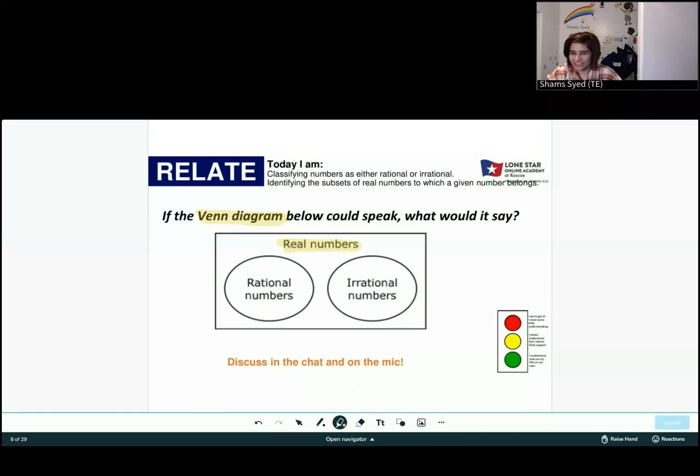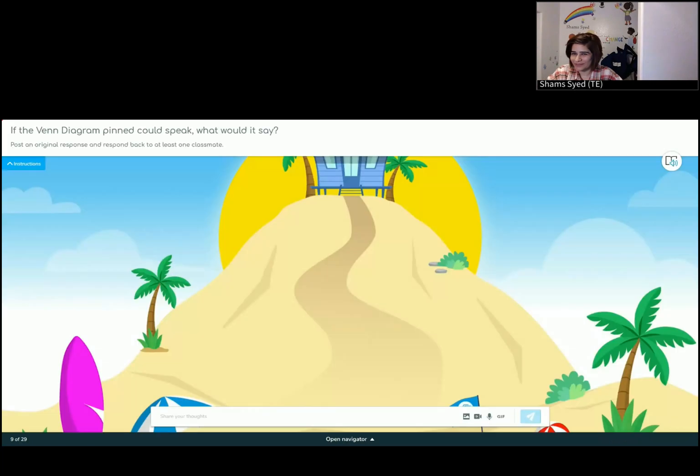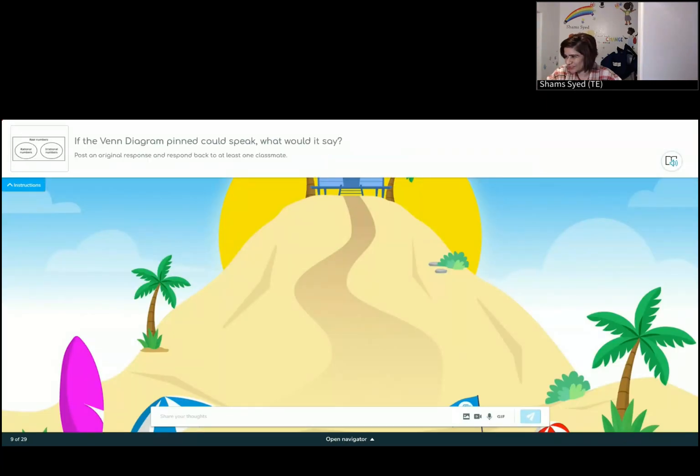You guys will tell me, if this Venn diagram could speak, what would it say? So look at this Venn diagram carefully and notice, and write down in my next slide, if the Venn diagram below could speak, what would it say? I have created that as a discussion question so everybody can read one another's responses.